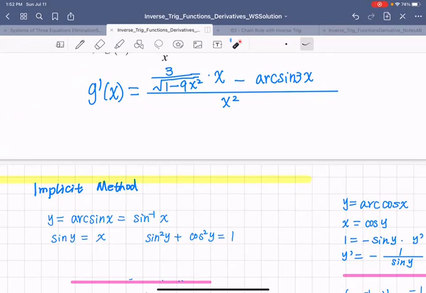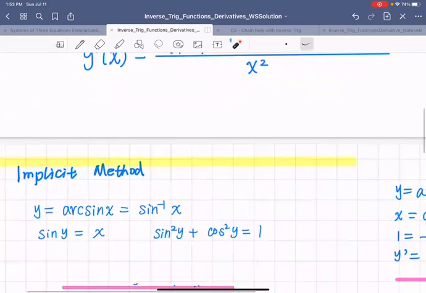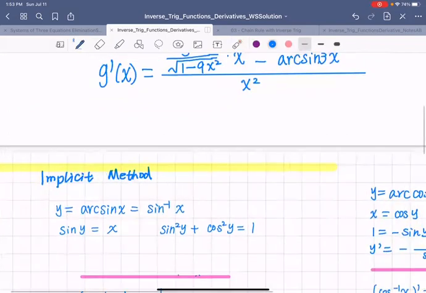Anybody finished? Lawrence, let's do it together, okay? We want to apply the implicit rule we learned last time. Sine y's derivative is who?